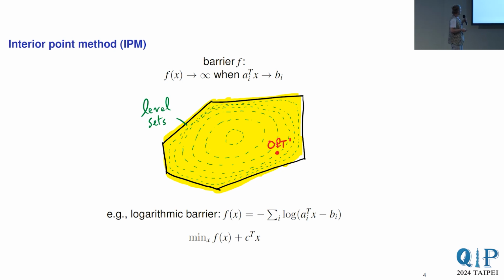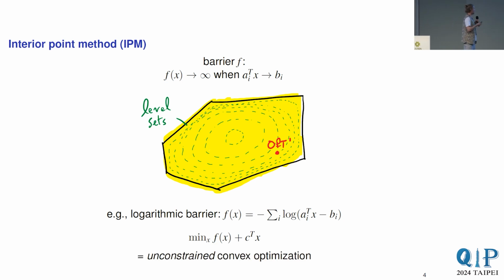Now we can consider the following problem, which is to minimize a new objective, the linear objective plus this barrier function. This results in an unconstrained convex optimization problem, which we like much more because now we have a smooth objective function and we're unconstrained.